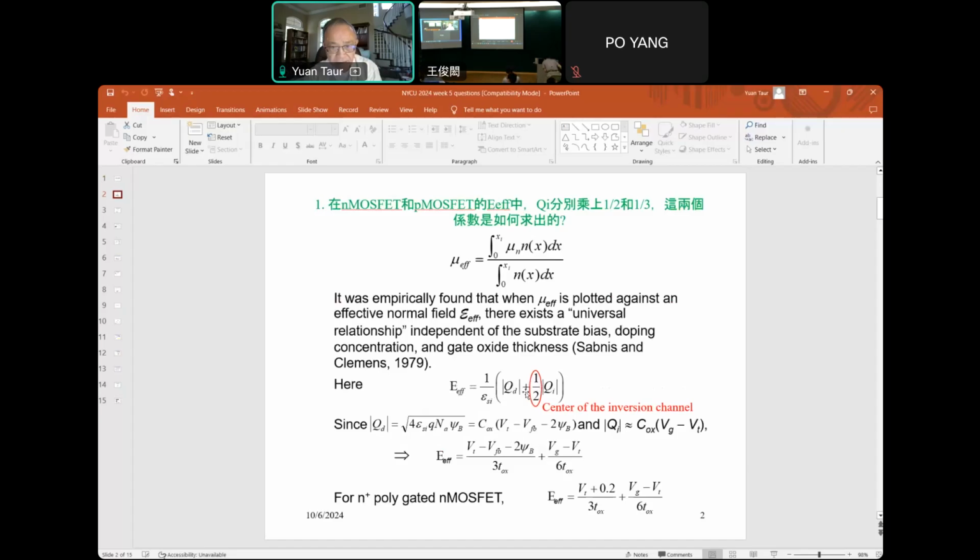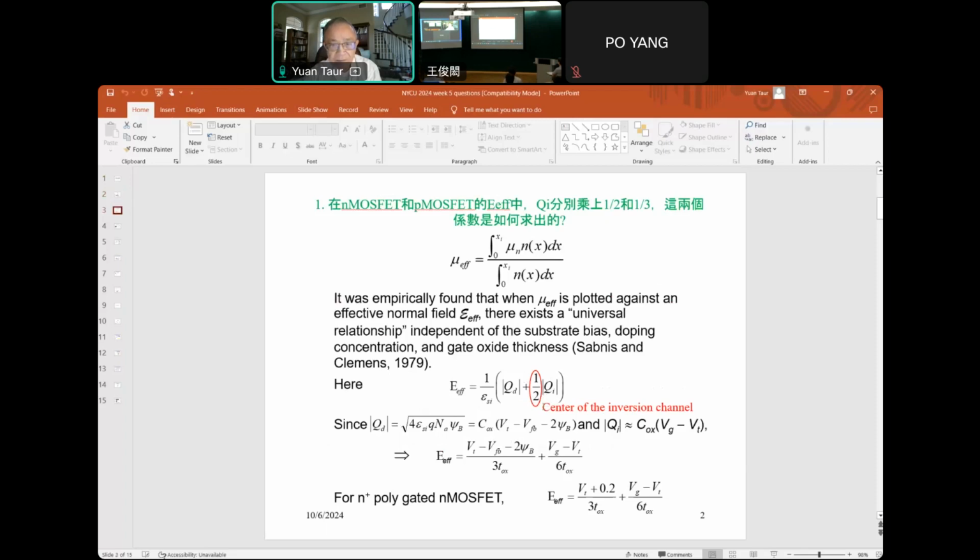With the half factor, that means the effective field at the center of the inversion channel, in other words, half a Qi from the surface. Of course, there's half a Qi and 100% of Qd after the center. So that's a physical meaning.